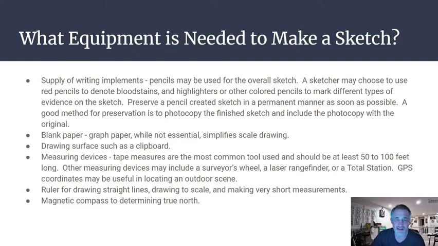Other measuring devices may include a surveyor's wheel for longer distances, or a laser rangefinder, or a total station or GPS coordinates can also be useful for outdoor scenes. Rulers are for drawing straight lines, drawing to scale, or even making short measurements, and then a magnetic compass to determine true north.